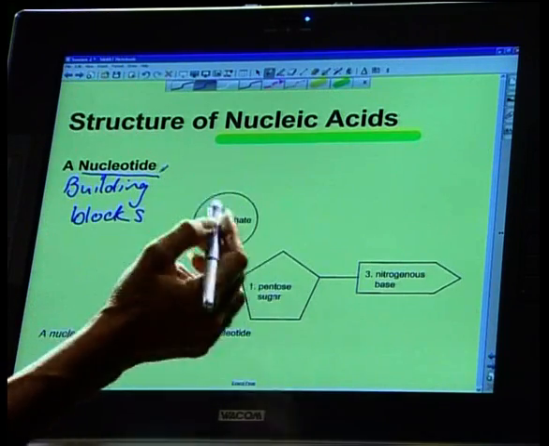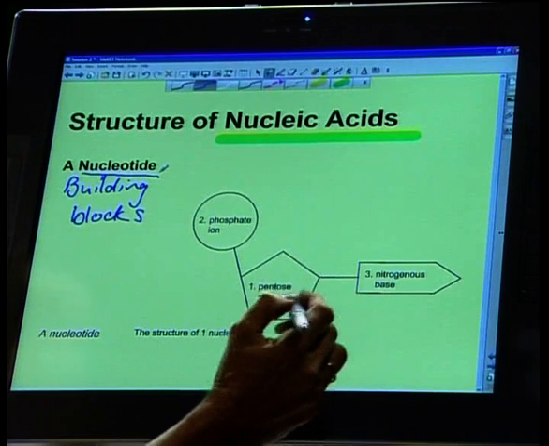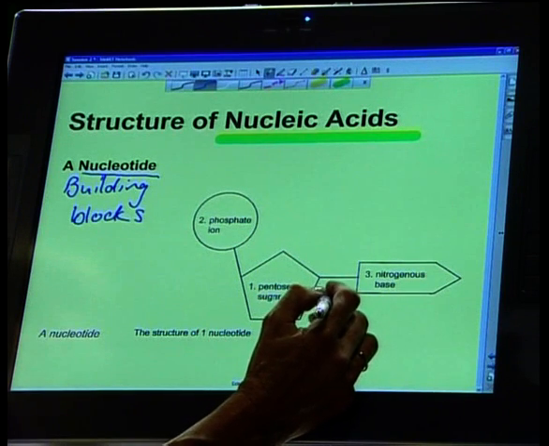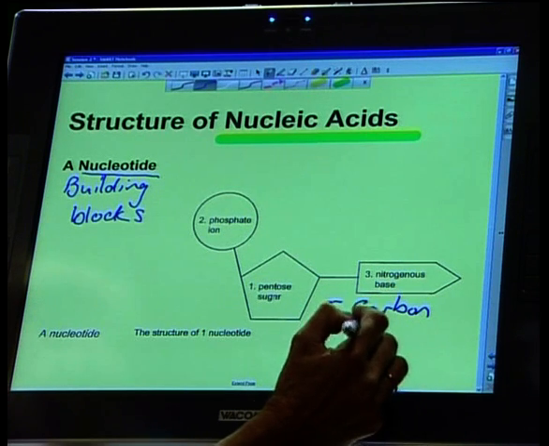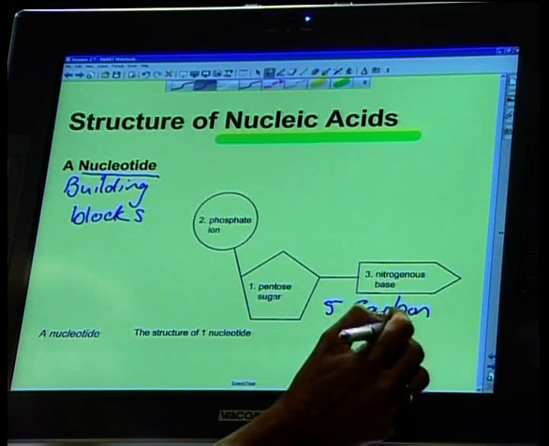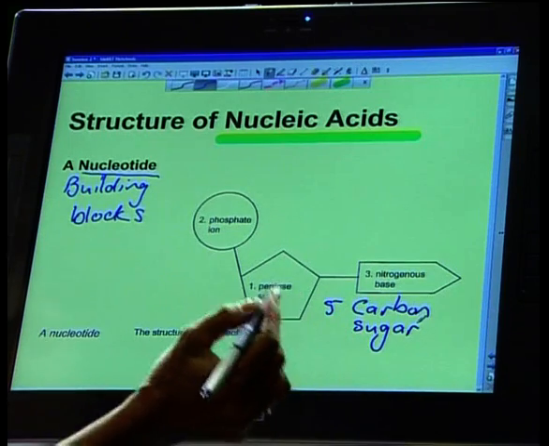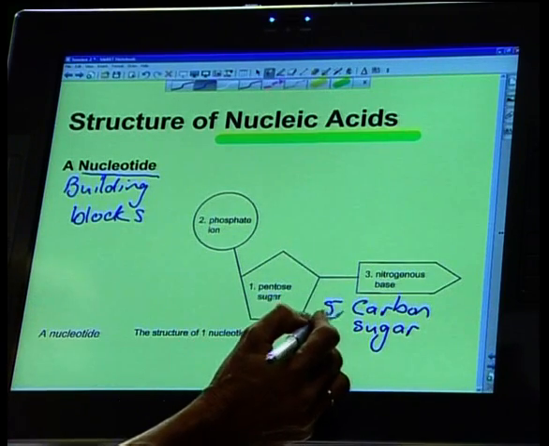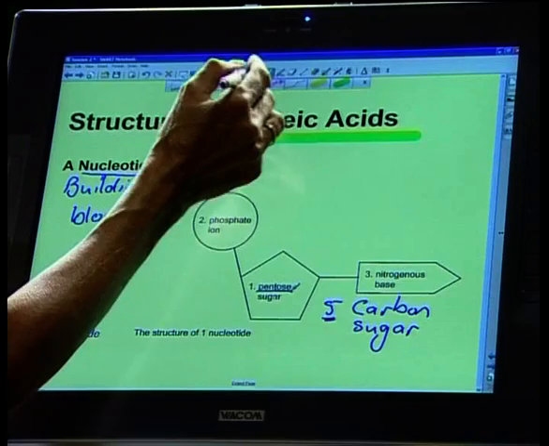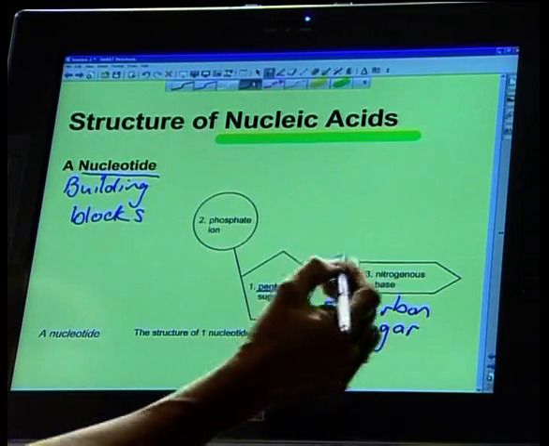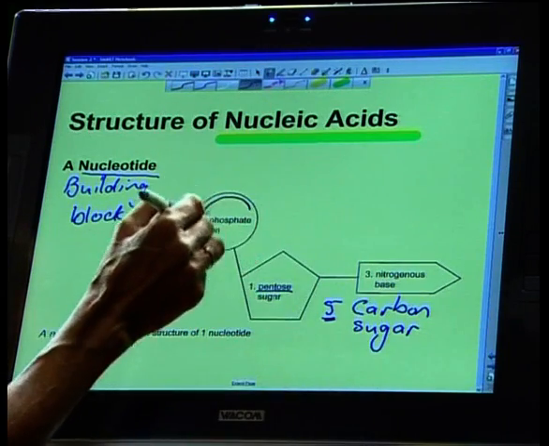So we start off with the pentose sugar. Now remember, a pentose sugar is a 5-carbon sugar. So this sugar will have 5 carbons, and because it has 5 carbons, it's called a pent, 5. So pentose sugar, 5-carbon sugar. Then we look at, secondly, the phosphate ion.